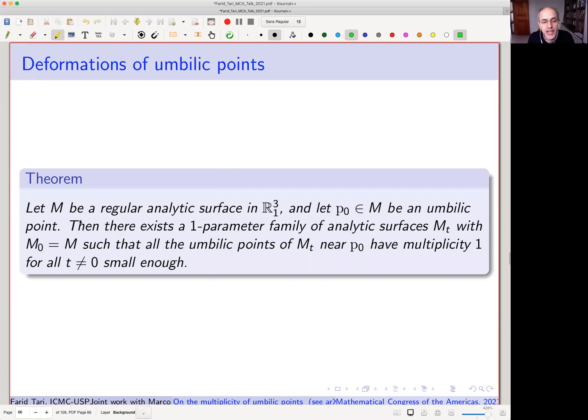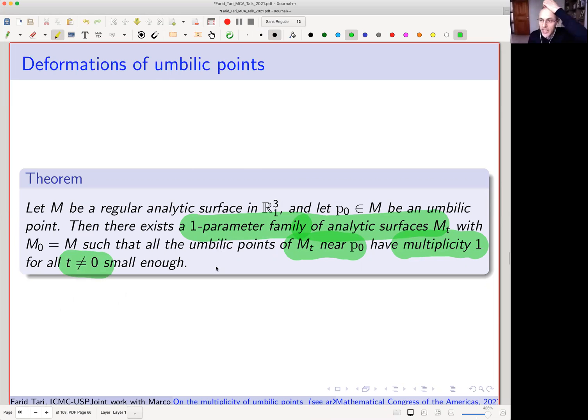Now there is this theorem about deformation of surfaces. If I have a surface with a degenerate umbilic, then I can find a one-parameter family of analytic surfaces, Mt, with M equal to M0, such that all the umbilic points of Mt near P0 have multiplicity 1 for t small enough.